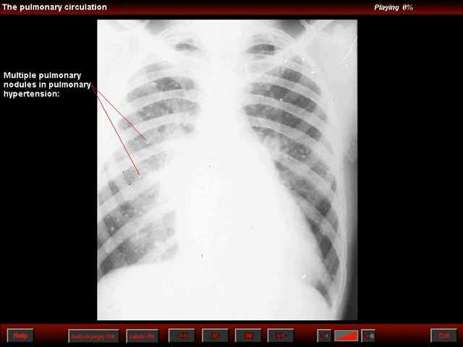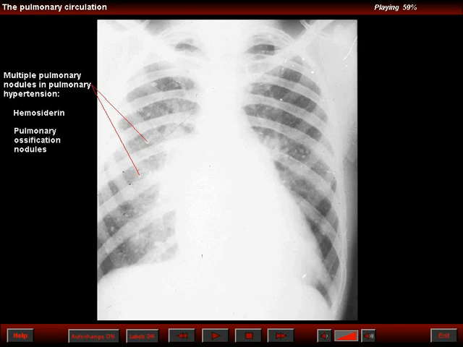Small nodules may be seen in patients with mitral stenosis. They are usually associated with either repeated bouts of pulmonary hemorrhage, and these are the small nodules of pulmonary hemosiderosis, which is among the smallest dots or nodules that we can see on radiographs, and the other nodules can calcify and represent pulmonary ossification nodules.